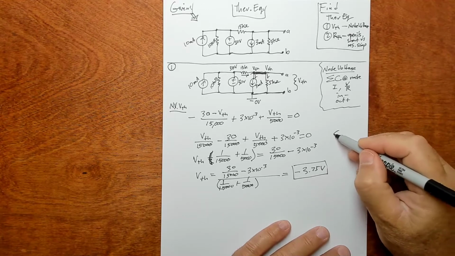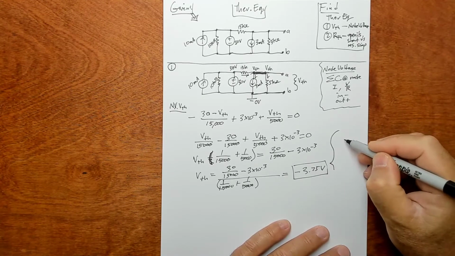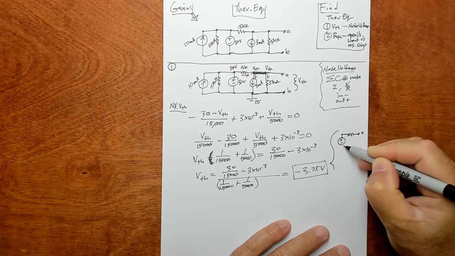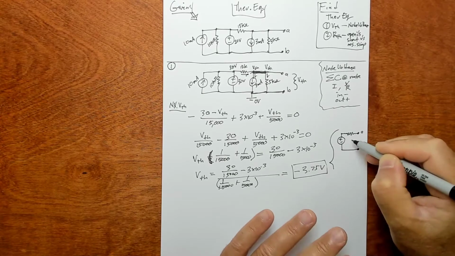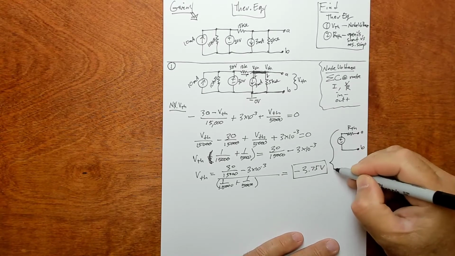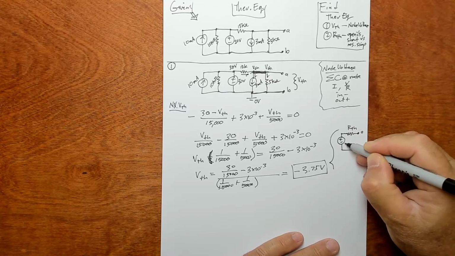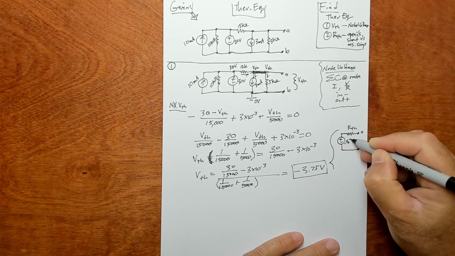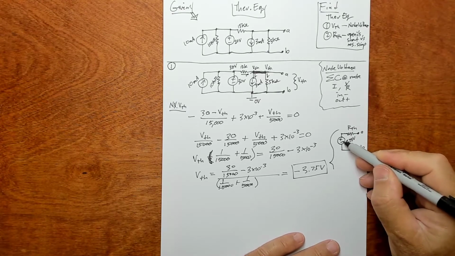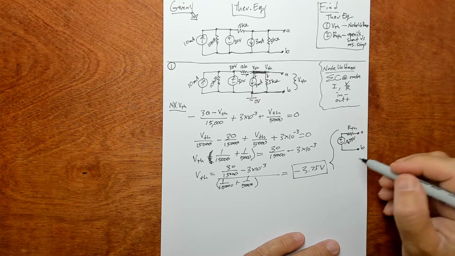We typically think of the Thevenin equivalent as having this polarity on the voltage source, then a resistance, R sub Thevenin, and then terminals A and B. So you could label the source minus 3.75 volts. It has this polarity but a negative value, which is a little confusing.